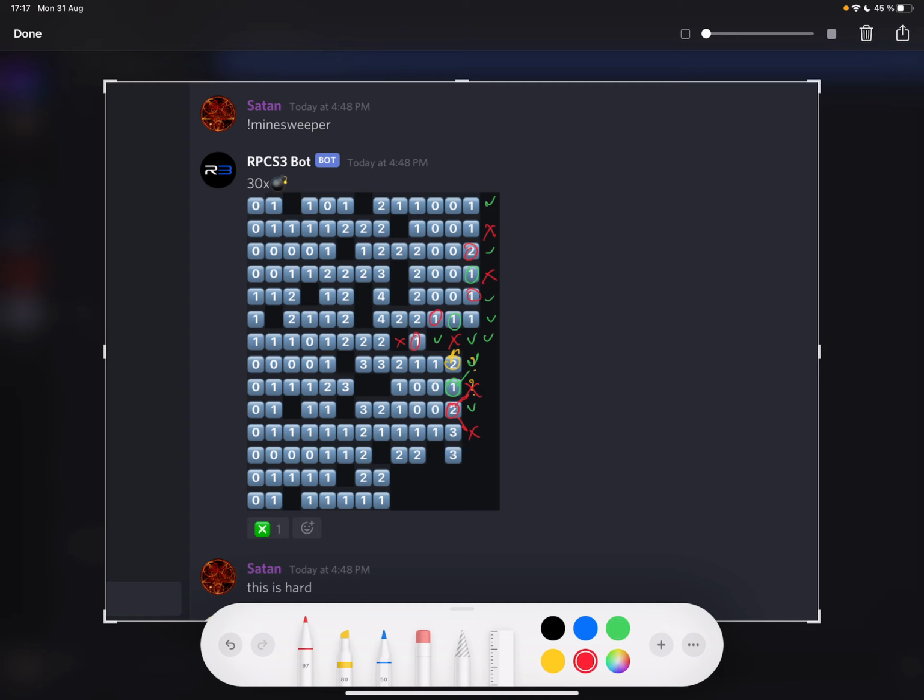Now at the bottom we know there is a mine here, and this 3 is touching only one unknown cell, so there is a mine here, and this 3 means there are no mines here.